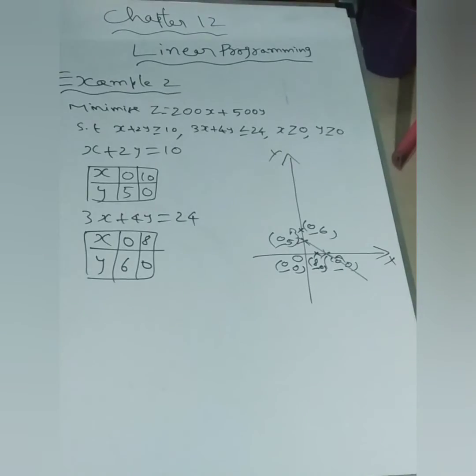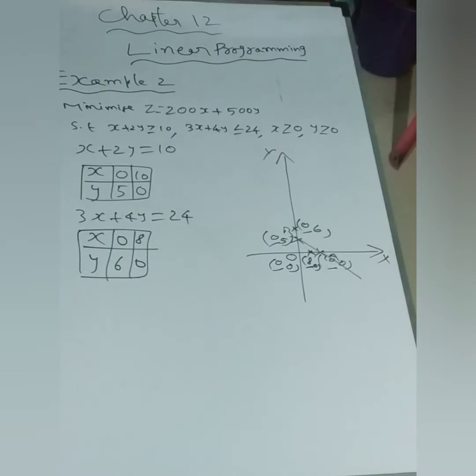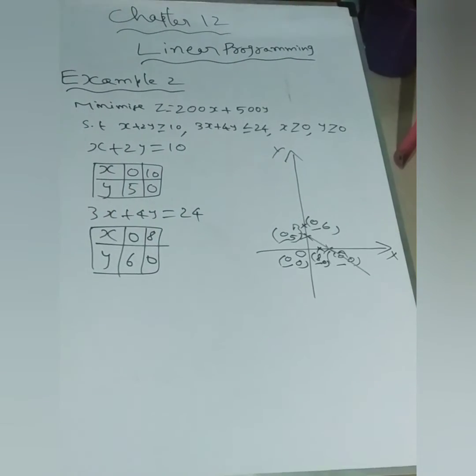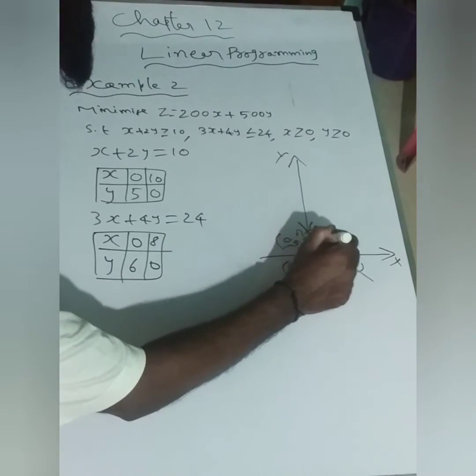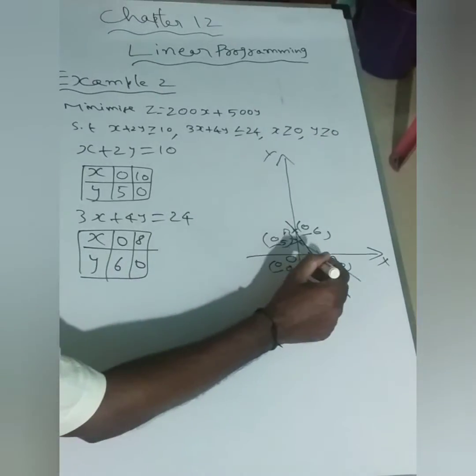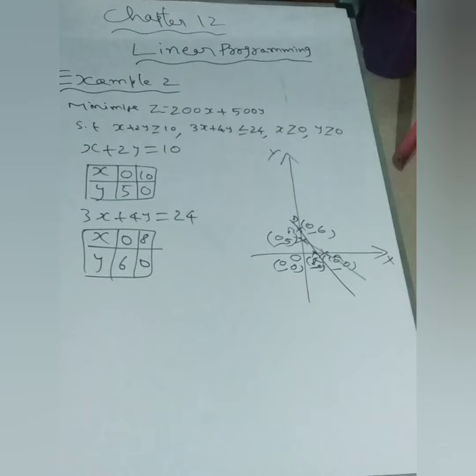So I am plotting approximately. If you use graph paper, you will get the points accurately. Now join these two points, let them be C and D.